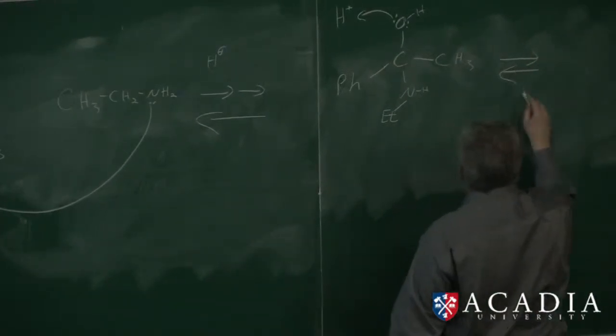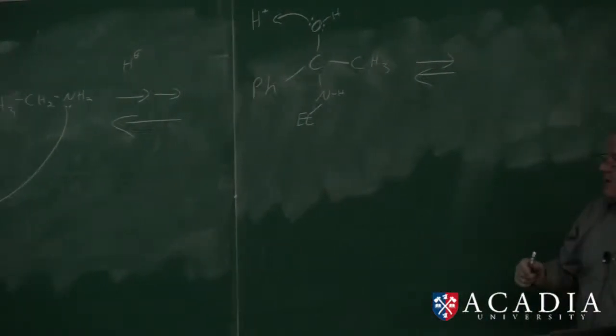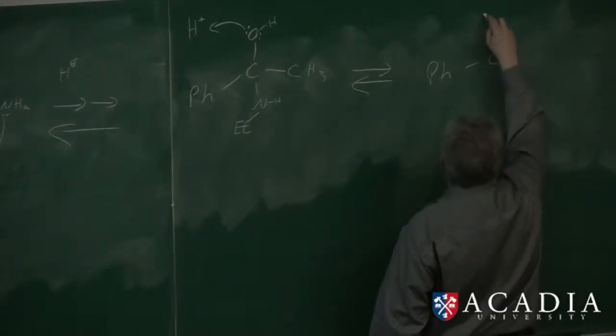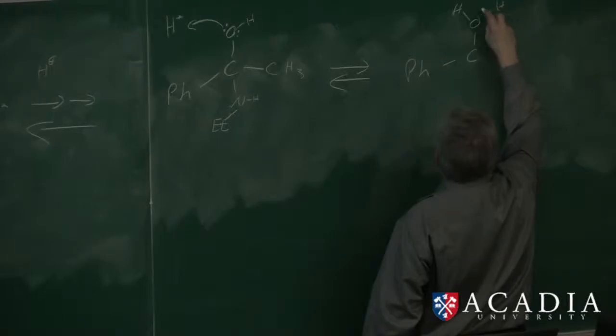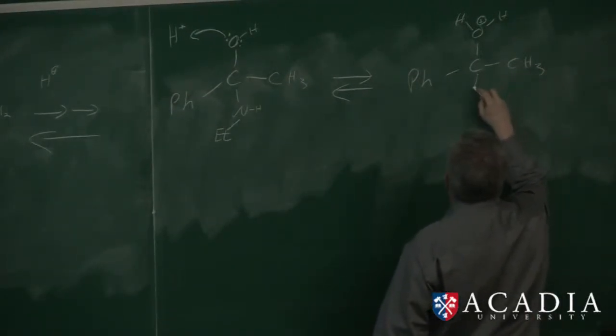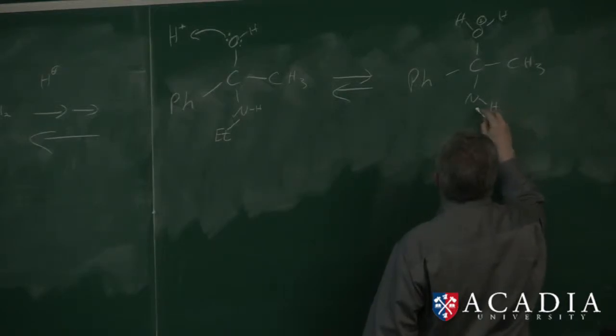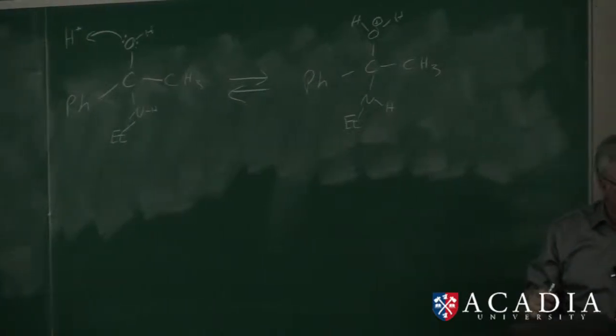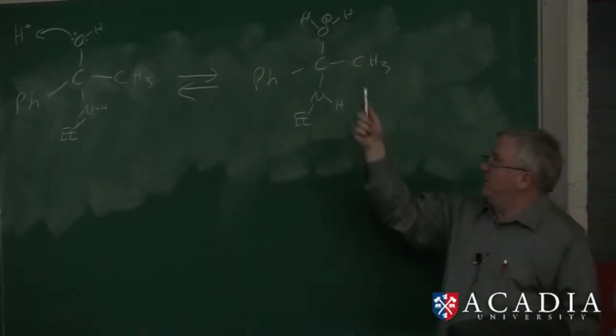Now, that's going to make us happy because we're going to draw our next structure and we're going to see something that makes us happy because it provides us with a way of moving forward. And what is that thing that makes us happy? Look at that.